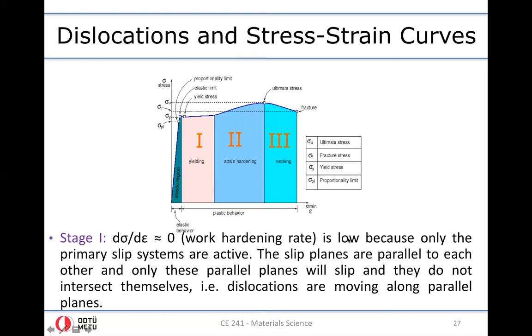So this is very low because only the primary slip systems are active, and these slip systems independently evolve, and dislocations move freely around. Okay, the slip planes are parallel to each other, and only these parallel planes will slip, and they don't interact. In other words, they don't act as obstacles to one another's motion.